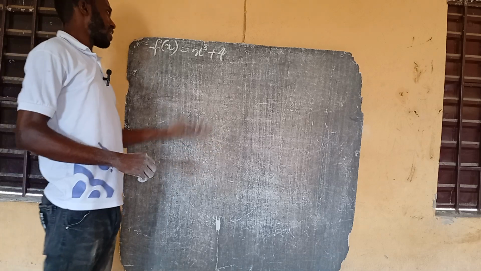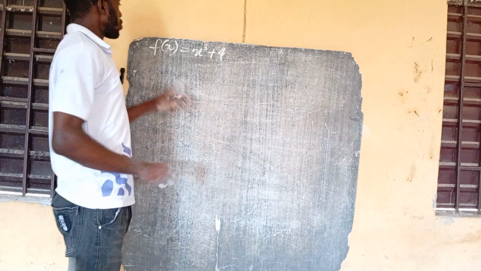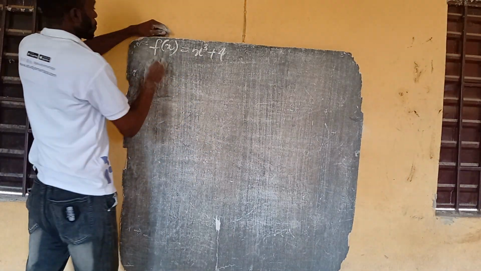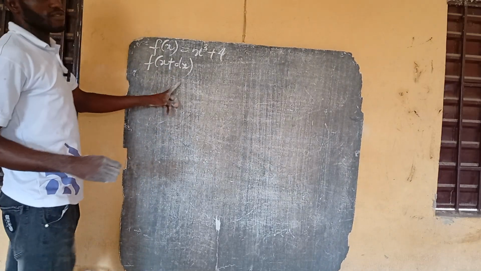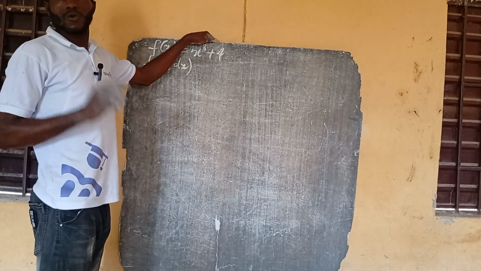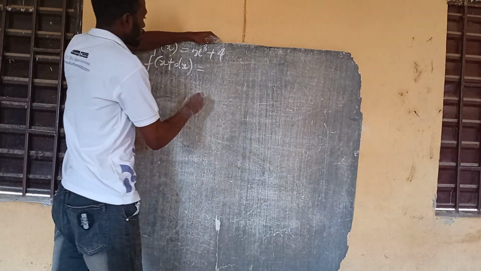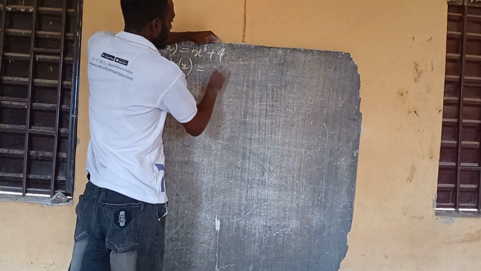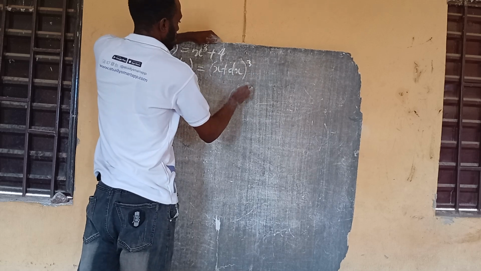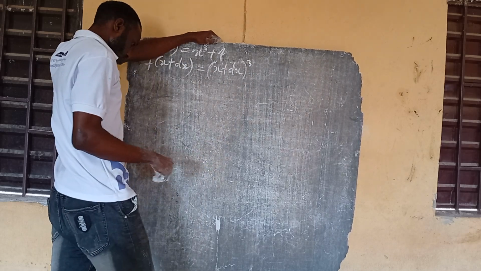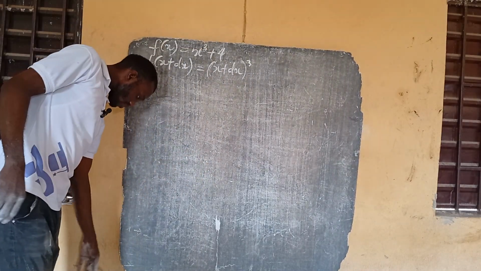Anything, you know. Okay, let's say we are given something like this. So if this is f of x, what will f of x plus dx become? f of x plus dx will be equal to x plus dx cubed.